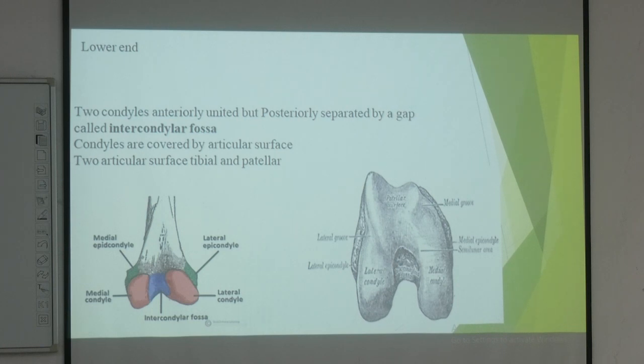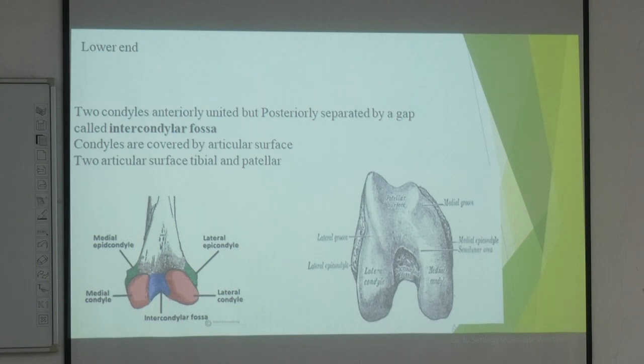Fine. On top of the condyles, we find a small bony bump. We call them epicondyles: medial epicondyle, lateral epicondyle. It's a medial side bump and a lateral side bump. These small epicondyles, present on the medial and lateral sides, have some importance.